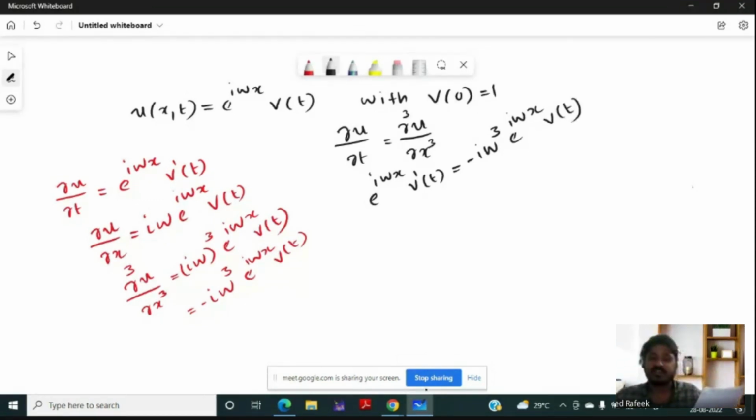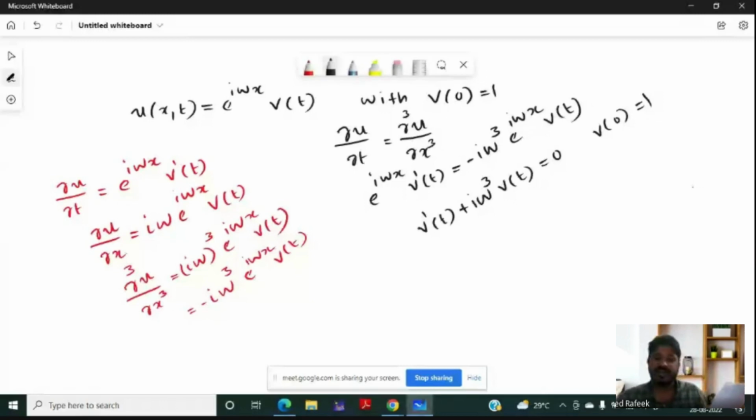Cancel it out. You will get v dash of t plus i omega cube v of t equal to 0. Solve this ordinary differential equation with v of 0 equal to 1.